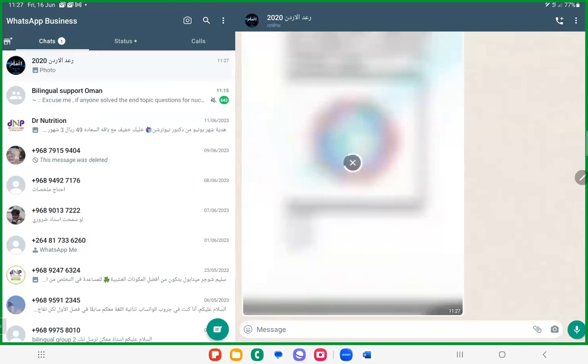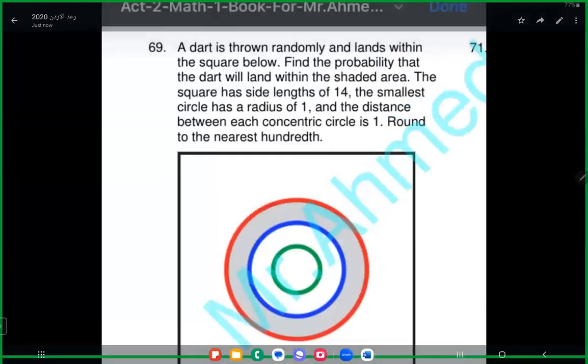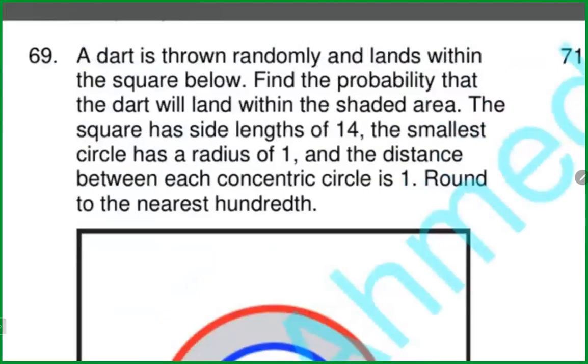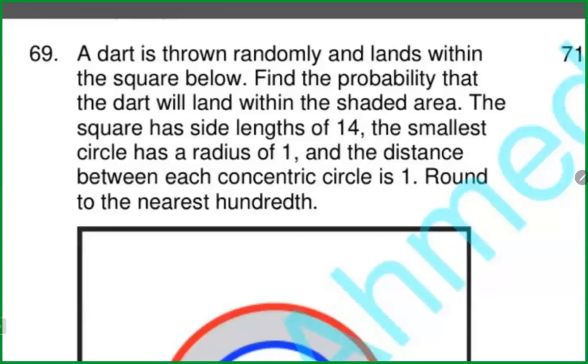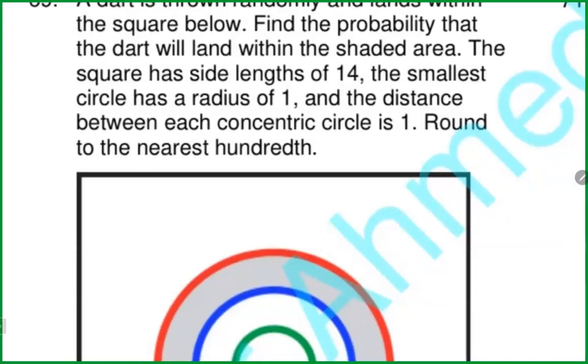A dart is thrown randomly and lands within the square below. Find the probability that the dart will land within the shaded area. The square has a side length of 14. The smallest circle has a radius of 1, and the distance between each concentric circle is 1.